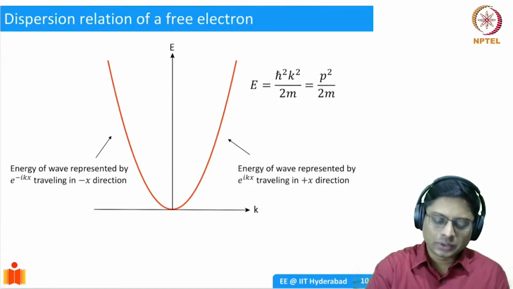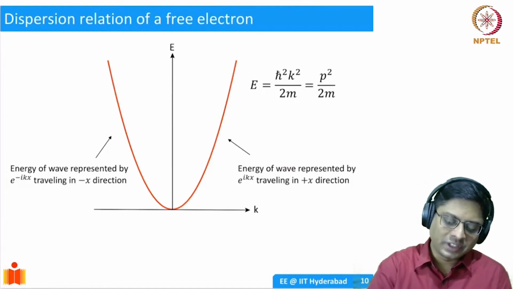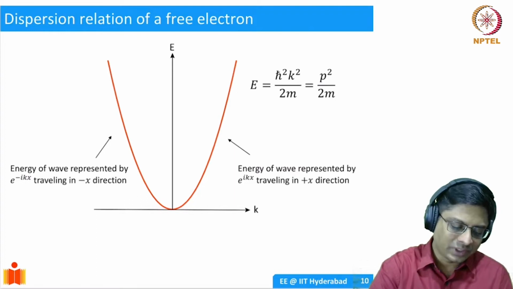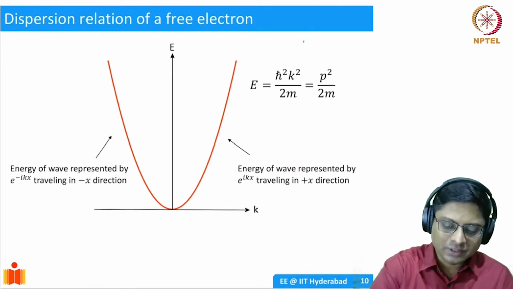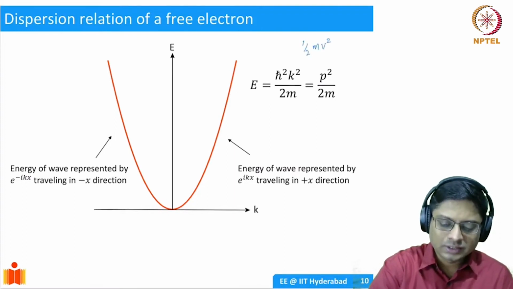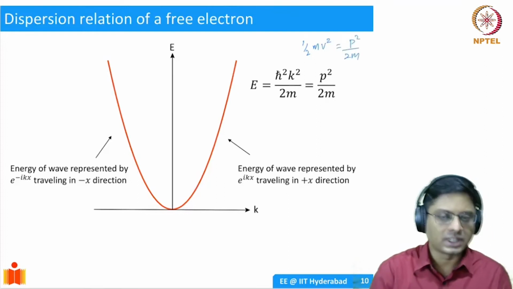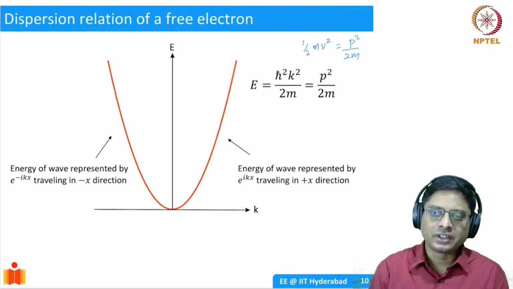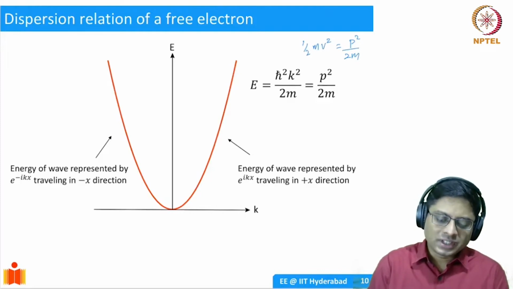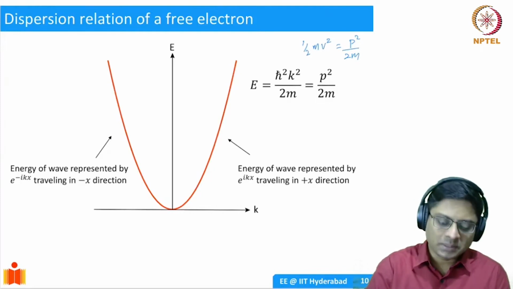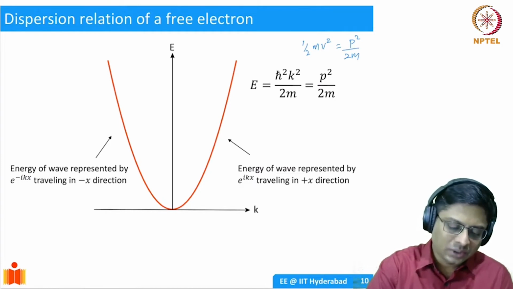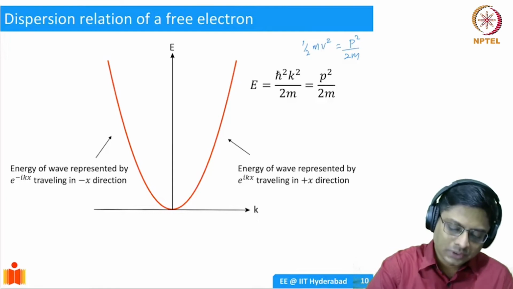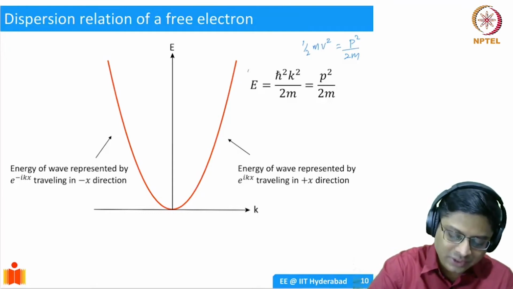We know classically that kinetic energy is basically half mv², that you could also write as momentum squared divided by 2m. We studied this in classical mechanics. So essentially, energy in quantum mechanics can be written as E equal to ħ²k² by 2m. This is known as the dispersion relation for a free electron.